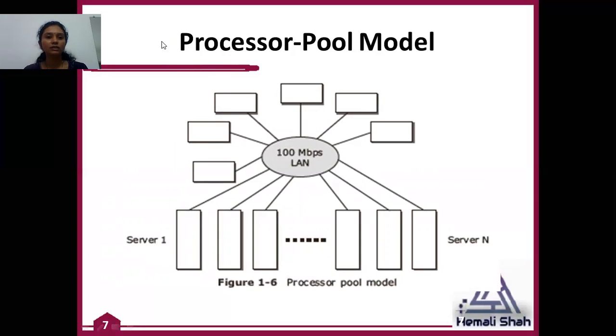The third model is the process pool model. In this model, all the workstations are connected using a high-speed network, and many processor pools are available. This pool means many processing units, and from these n servers, there is one server called the run server in this system.